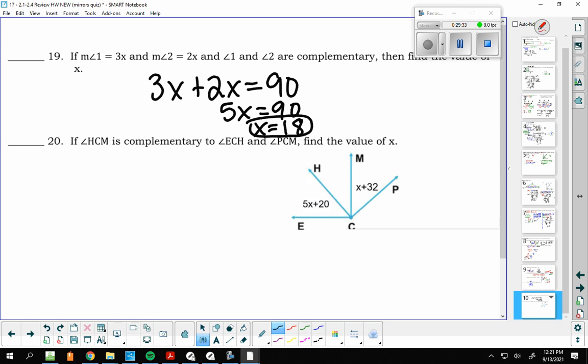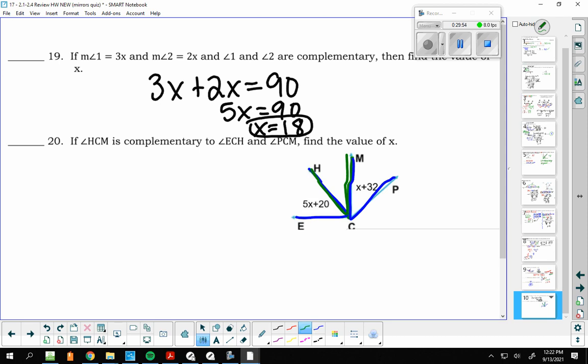This is called the congruent complements theorem. So, if angle HCM is complementary to angle ECH and to angle PCN, then find the value of x. So this angle is complementary to both of them.